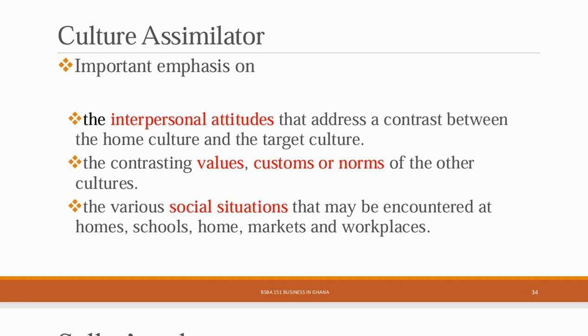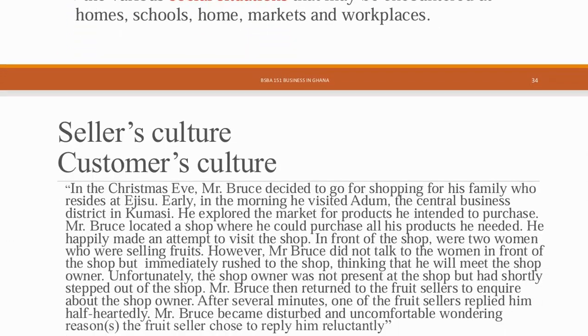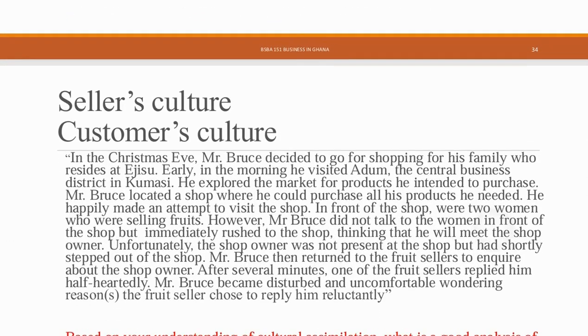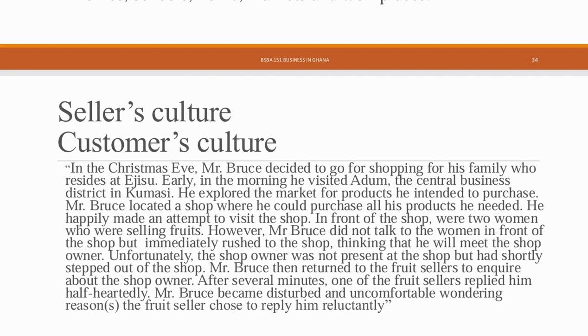But when you get to Saudi Arabia or Iran, you cannot stand outside in public with a girlfriend you have not married and kiss or do all those things. So when you go there, that is what we term the culture assimilator, because your home culture is different from that of the target culture, right? So we have sellers' culture, customers' culture here.